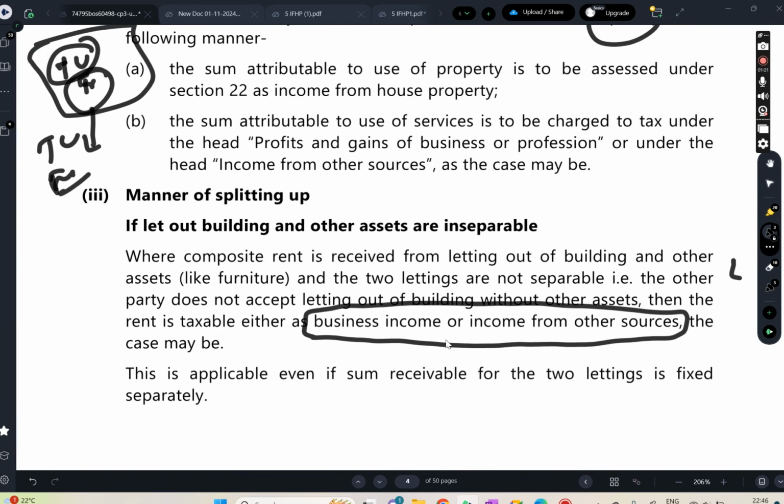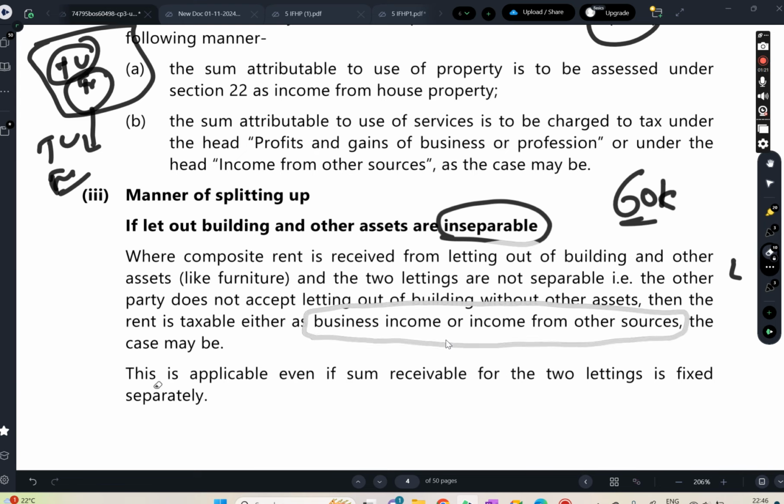But if it is inseparable like lift, I cannot separately charge for lift or power backup. Totally I will take 60,000. Then you cannot do anything. You can charge everything under IFHP only.